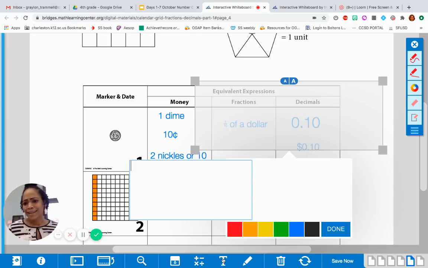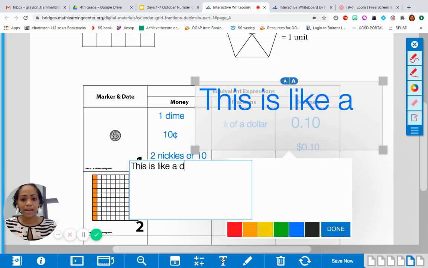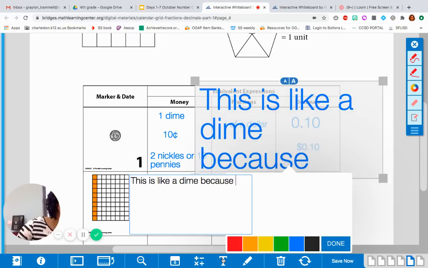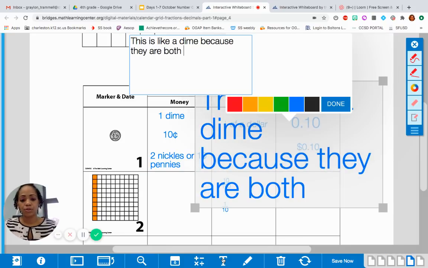This is kind of like a dime, right? Because one column is 1/10. This is like a dime because they are both 1/10.